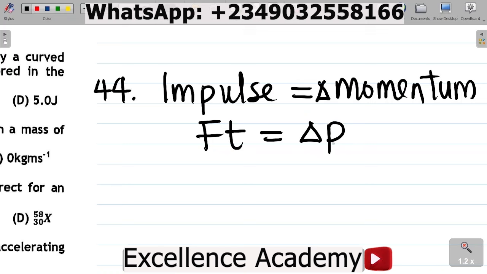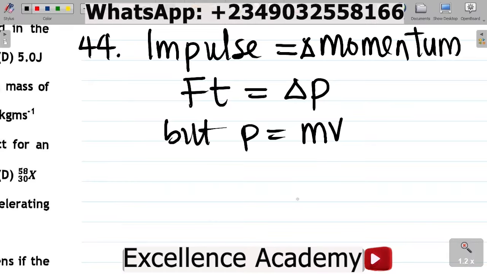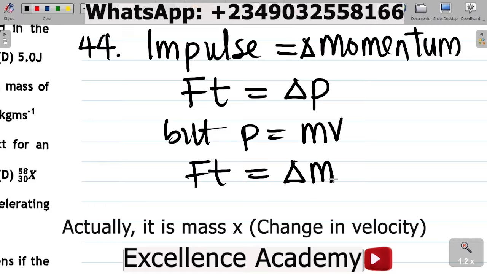That's P. We use P for momentum. Again, you want to record that momentum P is equal to the product of mass and velocity. So force times time for impulse is equal to change in mass times velocity. All right, change in mass times velocity.